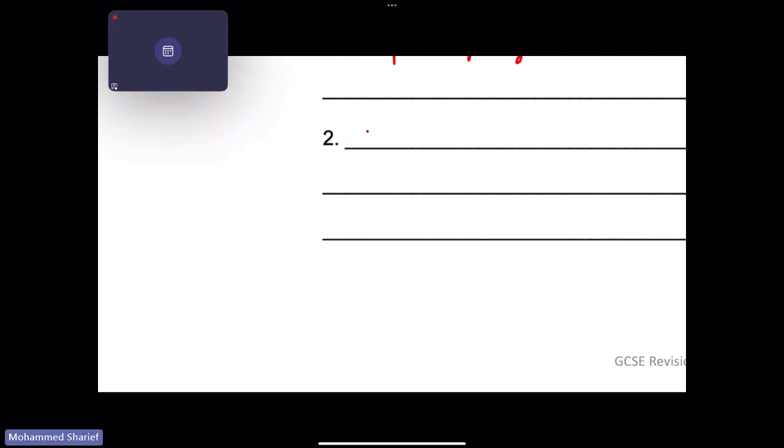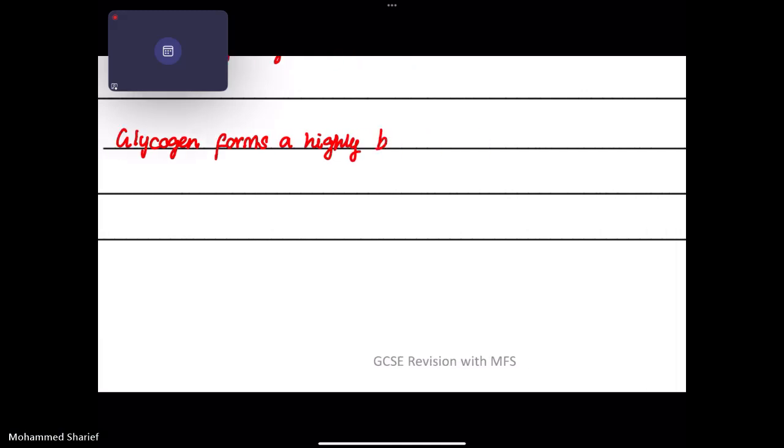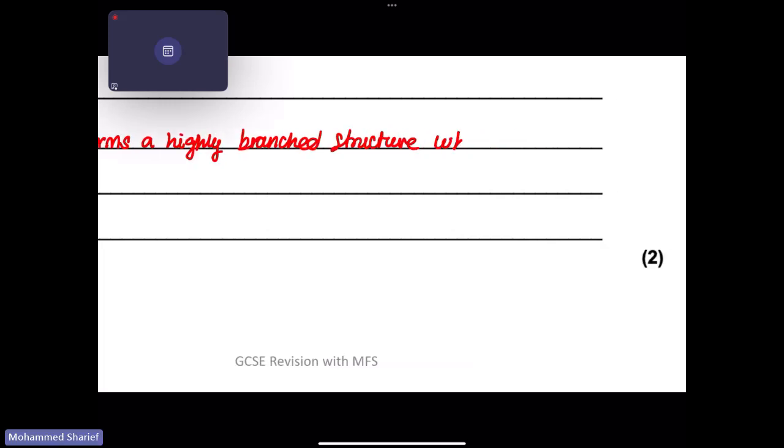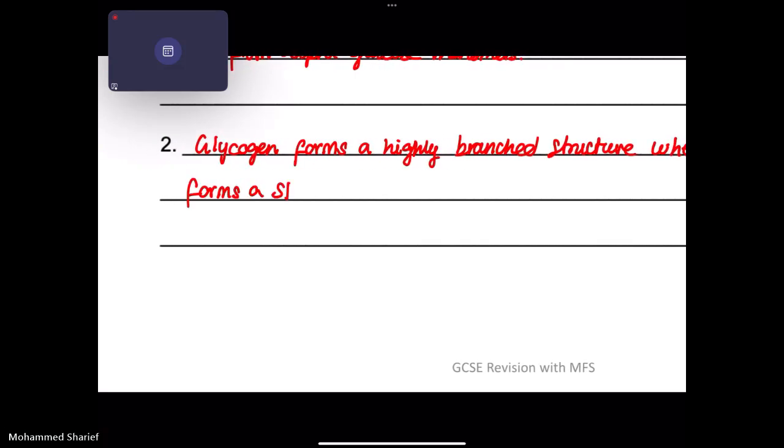So glycogen forms a highly branched structure, whereas cellulose forms a straight chain polymer.